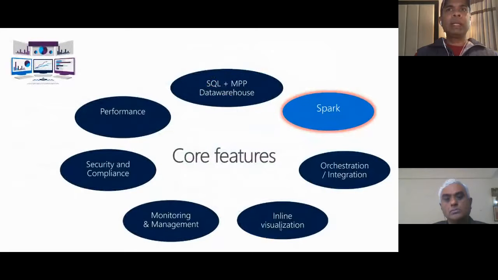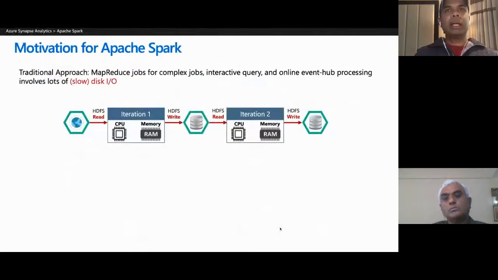Right? Spark. If you know anything about data science today, Spark is something that you cannot miss. Spark is emerging very quickly and has a bit of a history.